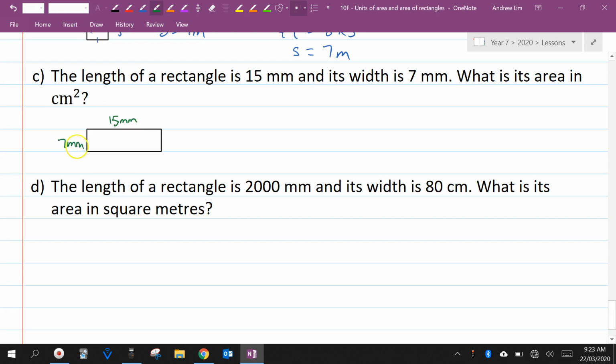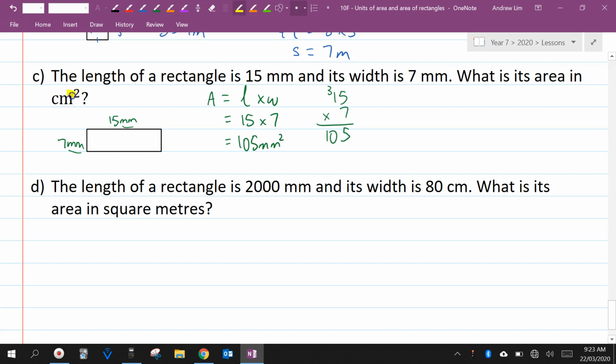Can you see how they are both the same units? That's exactly what we want. So because the area of a rectangle is length times width, the length is 15, the width is 7. 15 times 7 is 105. So it's 105 square millimeters.